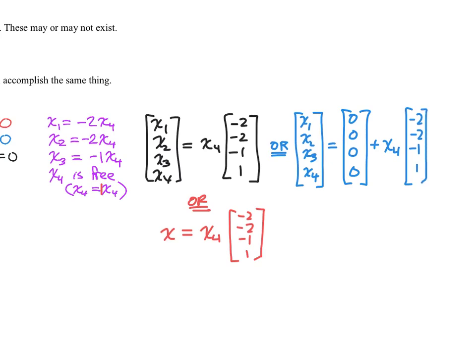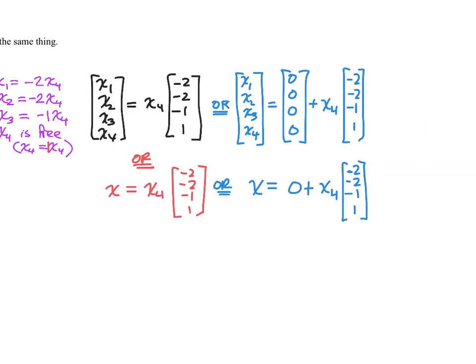And like I said, the streamlined version of that would be just the same as saying x equals 0 plus x of 4 times -2, -2, -1, 1.